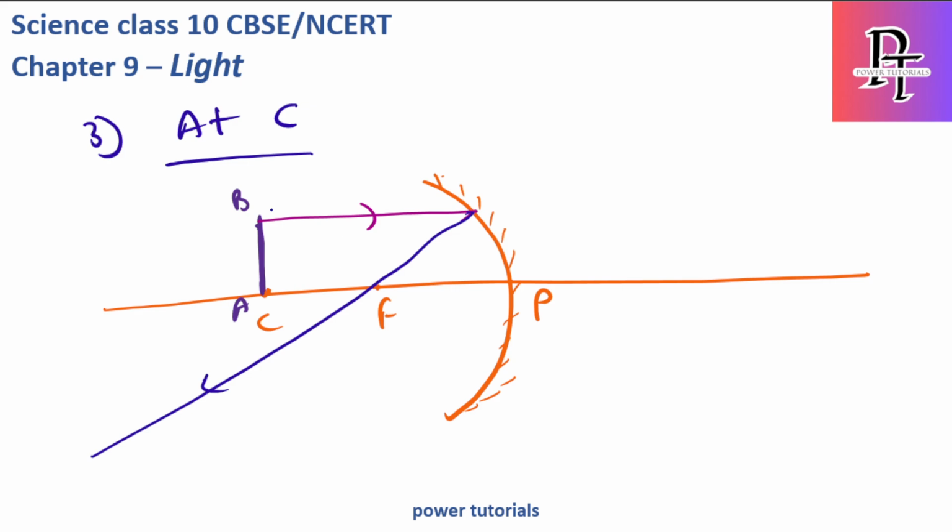So now I will take another incident ray which is passing through focus, and as per the second rule, if the incident ray is passing through focus, it should get reflected parallel to the principal axis. Now this is the image. This is C, this is the image. So image points I'll mark as A dash, B dash.